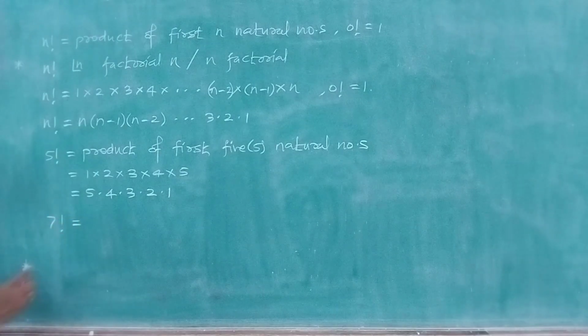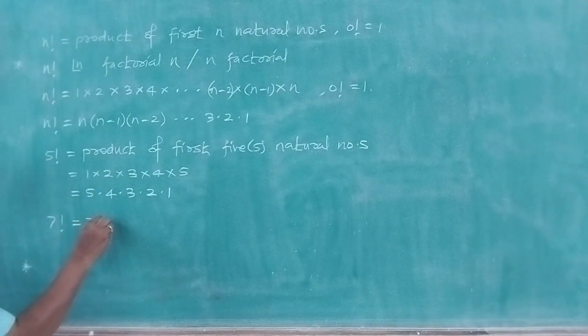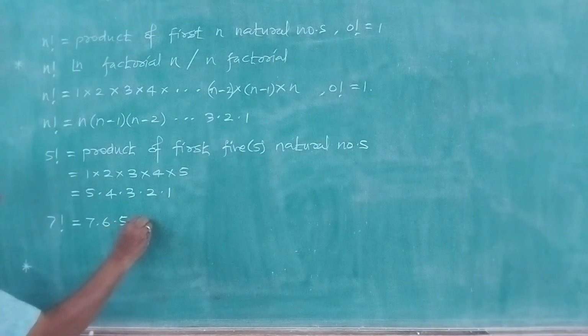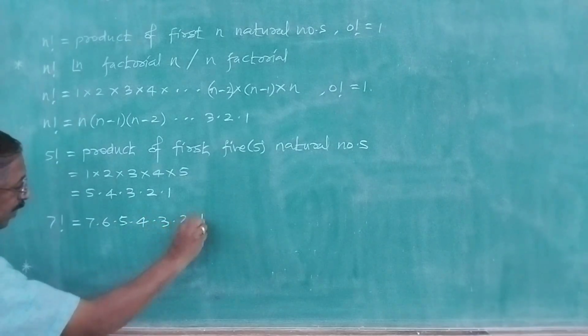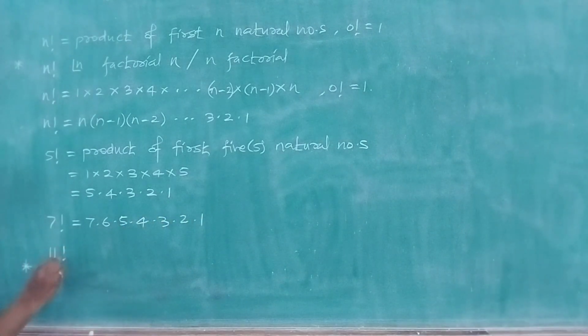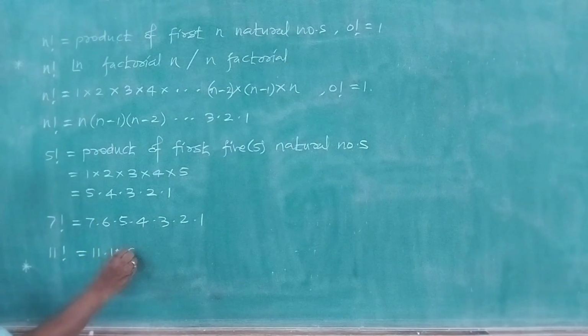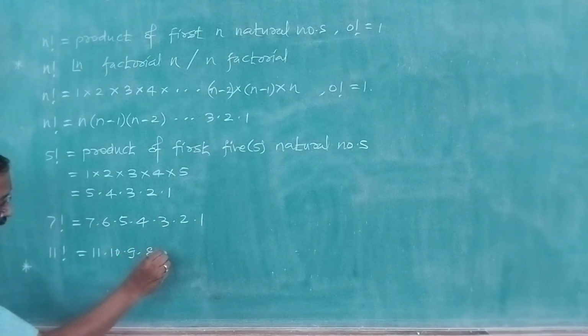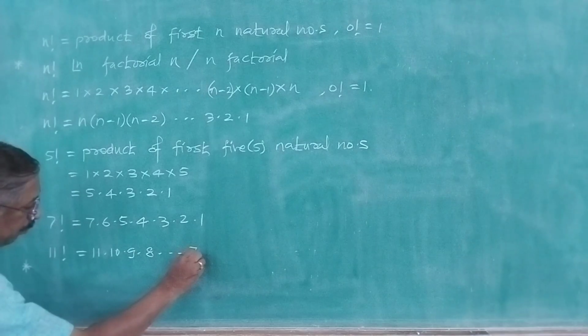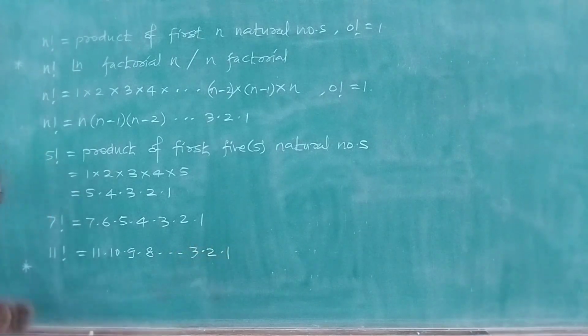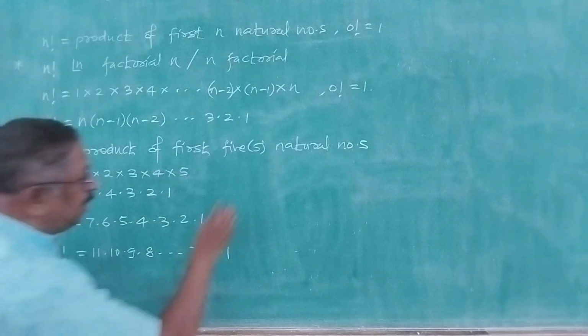What will 7 factorial be? It is a product of the first 7 natural numbers, 1 into 2 into 3 into 4 and so on up to 7, which means 7 into 6 into 5 into 4 into 3 into 2 into 1. What will 11 factorial be? It will be 11 multiplied by 10 multiplied by 9 multiplied by 8 and so on up to 3 into 2 into 1, the product of the first 11 natural numbers.